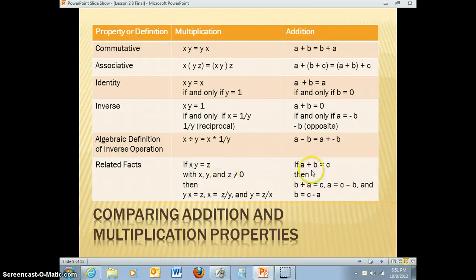And see right here, with this one where they're using x, y, and z for the 3 numbers, x, y, and z cannot be 0 in multiplication. None of them can be 0. But over here, a, b, and c, any of those guys could be 0. They don't put any restrictions on it.